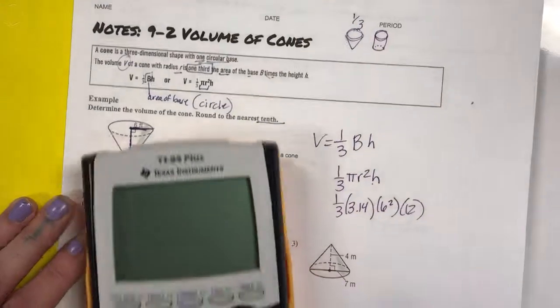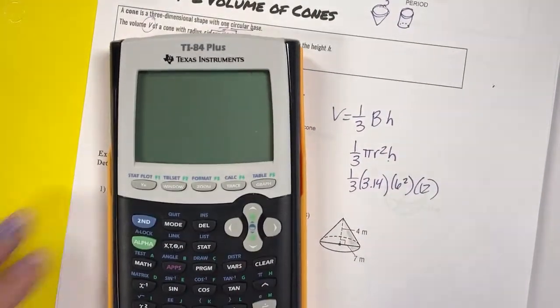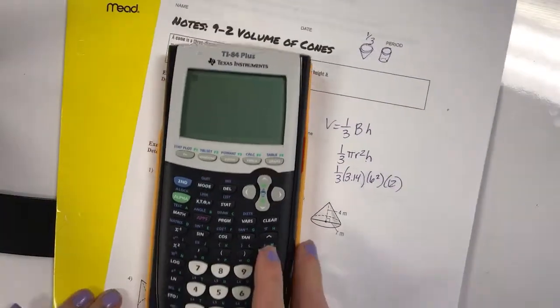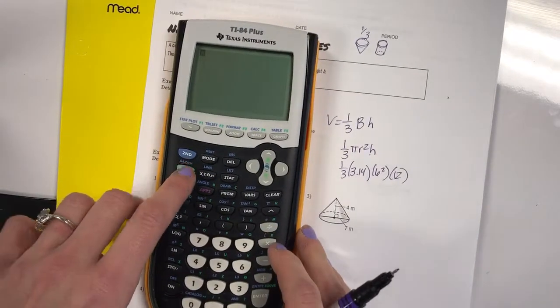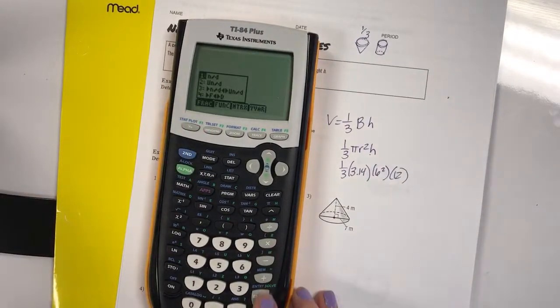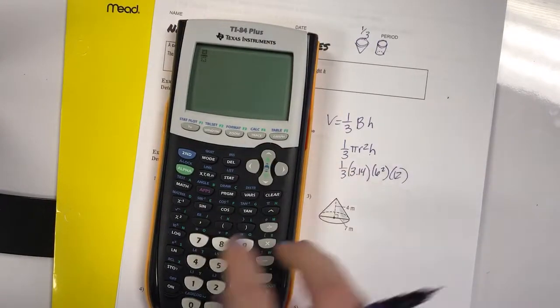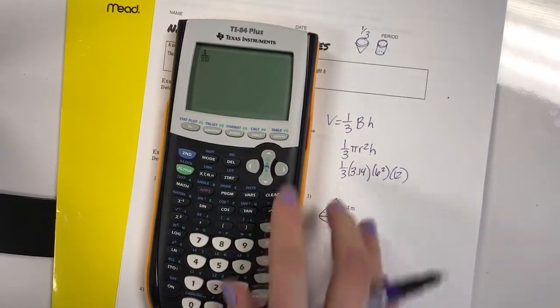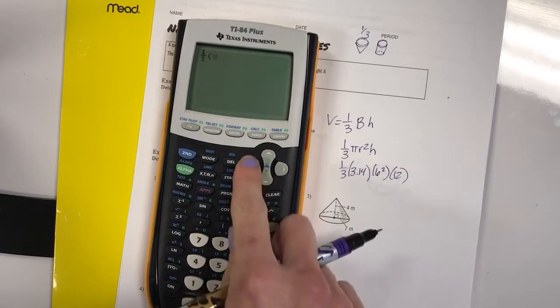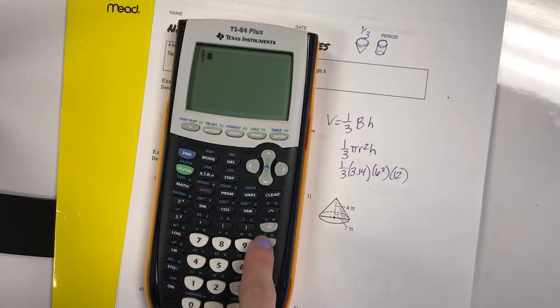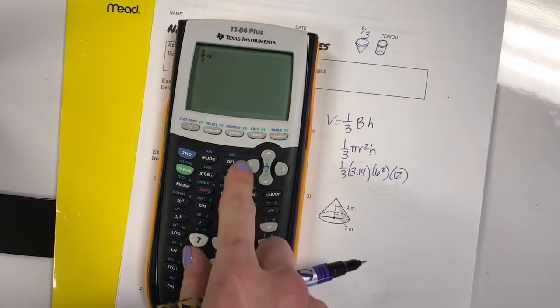You can plug this in your calculator all together. With the alpha key, I don't know if you guys remember, but if you do alpha y equals and enter, then you can put that fraction in, 1/3, and arrow to the side. I use parentheses, but you can use the multiplication sign either way.